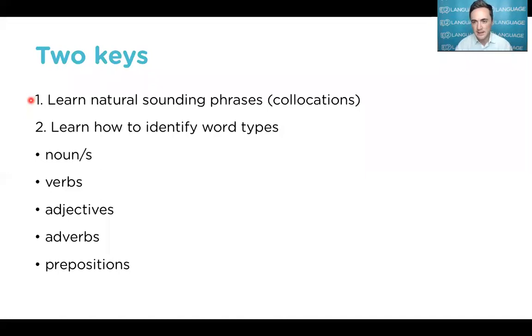And when you're reading, look at the word combinations. Look at the adjective nouns. Look at the verb nouns. Look at the adverb adjectives. Look at the types of words that appear together in combinations and start to write them down and memorize them. And also when you're speaking and when you're listening, listen to what people say.